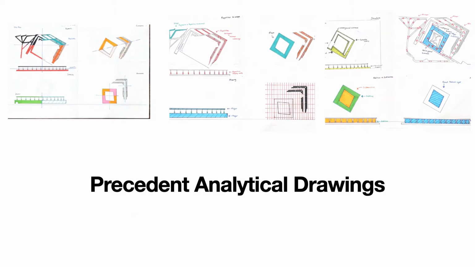Here are some analytical drawings, and you'll see my analytical drawings throughout this process. Let me describe a little bit what analytical drawings are. They are really a descriptive drawing of how a structure or something works. I did analytical drawings of the site and the actual structure of my precedent, the National Memorial for Peace and Justice.